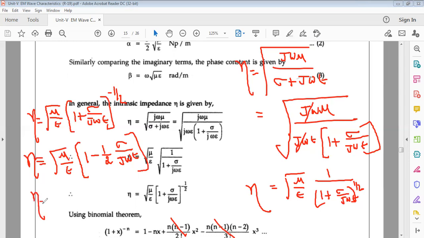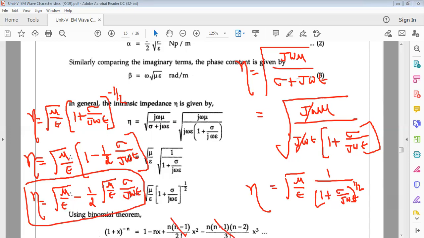So eta is equal to under root of mu by epsilon, minus, multiplying here 1 by 2 into sigma by j omega epsilon.